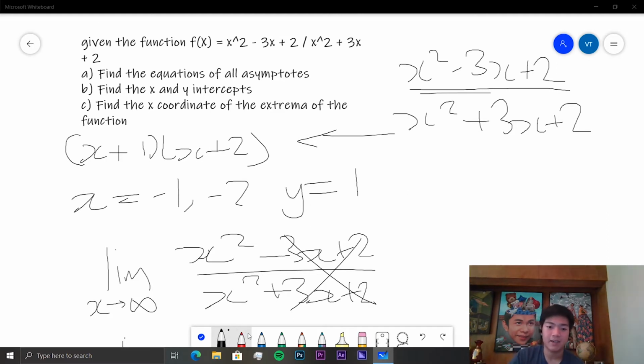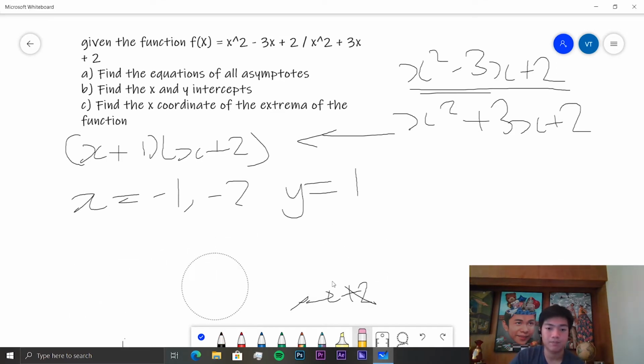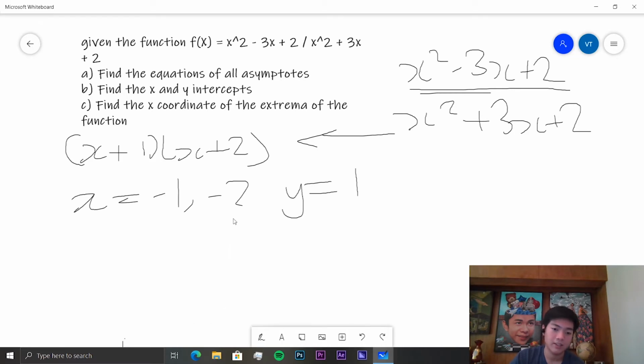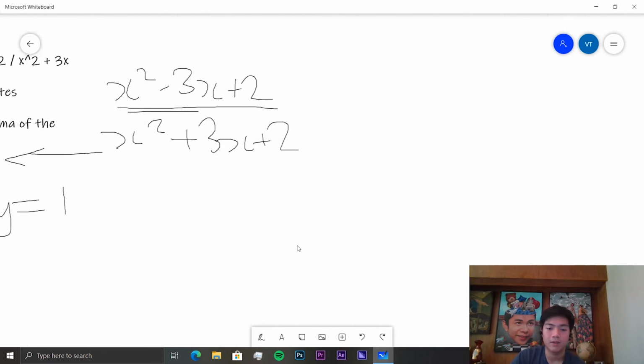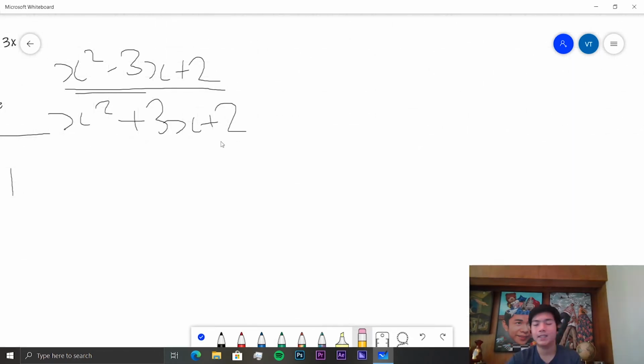Let's find the x and y intercepts. The x-intercept is when y equals 0, and the y-intercept is when x equals 0, so we can substitute those in. Actually, let's start with x equals 0, because that's a simpler one.